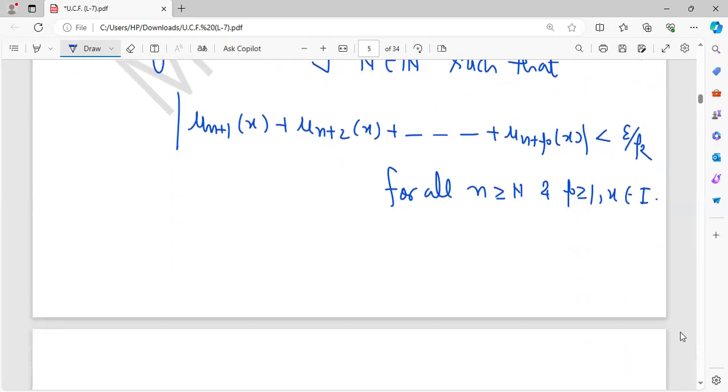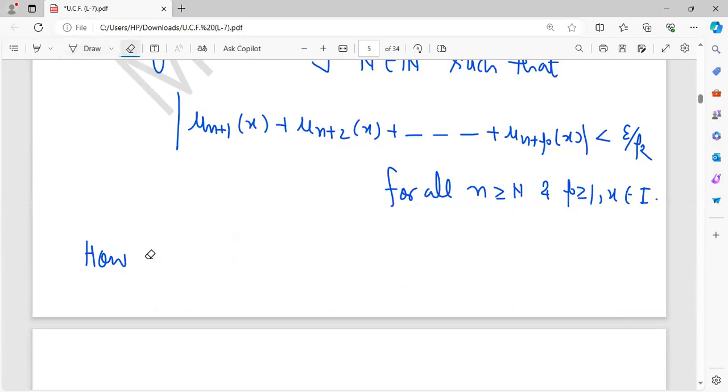Now, how can we show that this series converges uniformly? I'm writing directly.